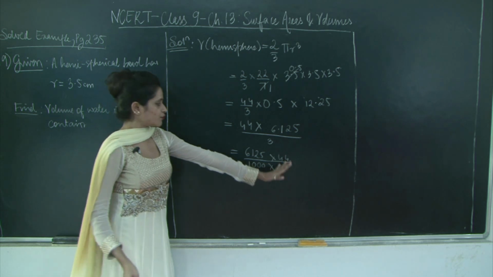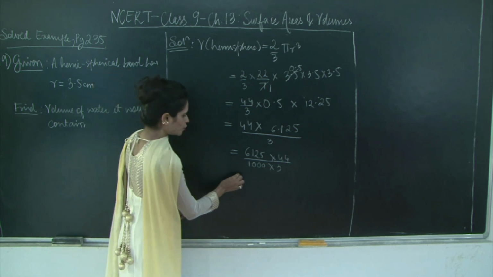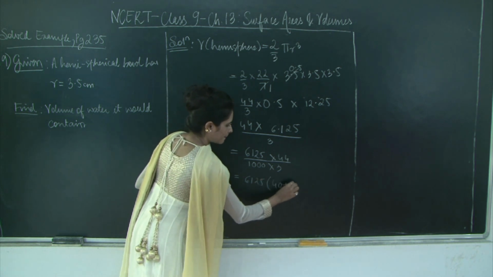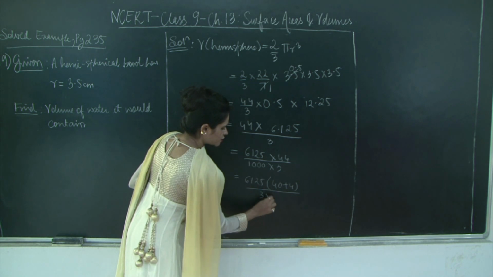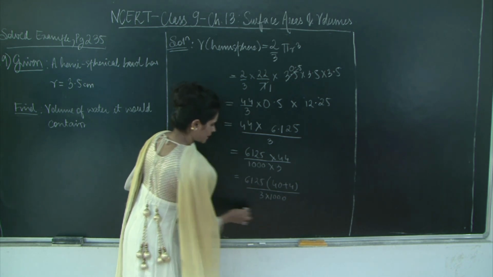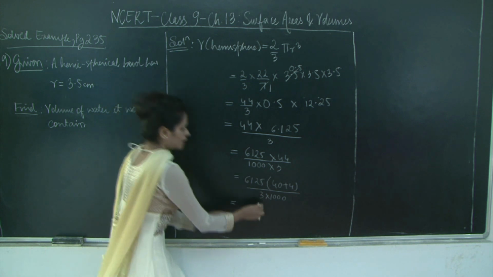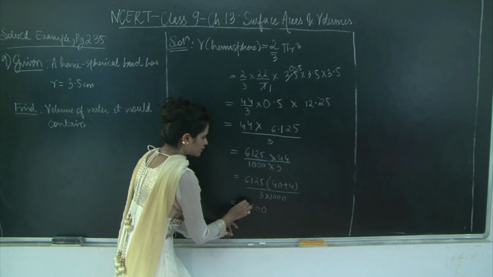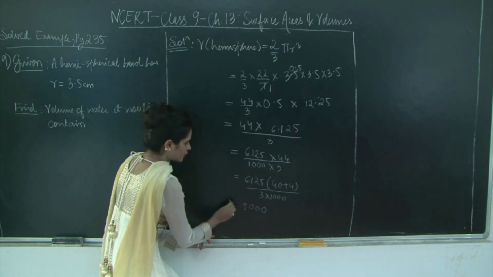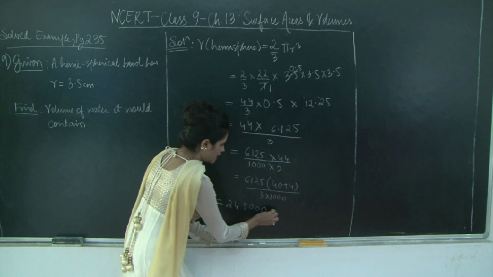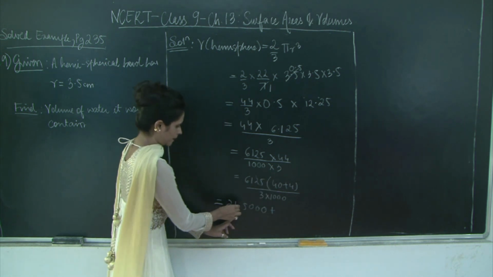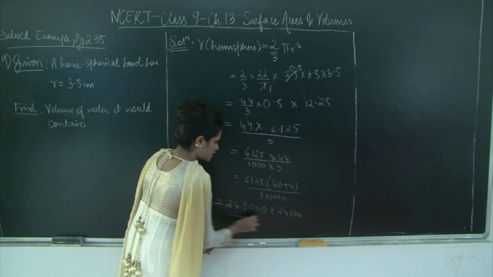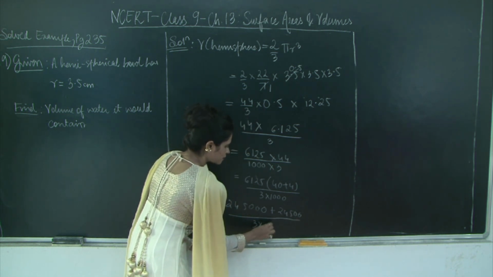So 6125 into 44 can be written as 6125 into 40 plus 4, divided by 3 into 1000. So this is equal to 0, 4 5s are 20, 4 2s are 8, 9, 10, 4 1s are 4, 5, 4 6s are 24, plus 2 4 5 00, divided by 3 into 1000.